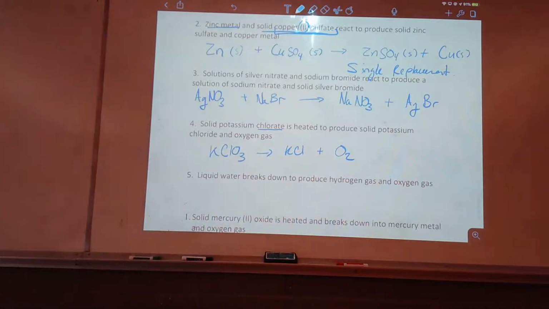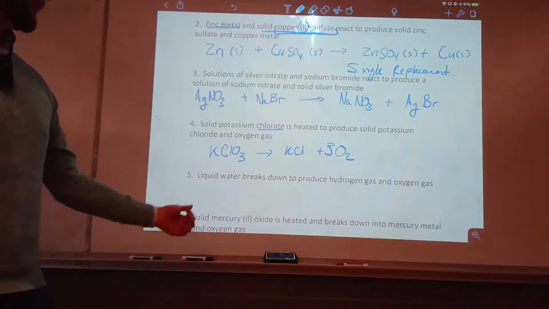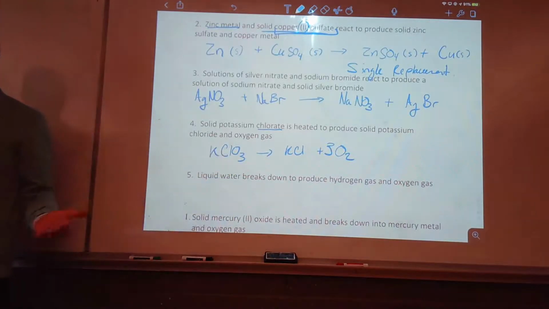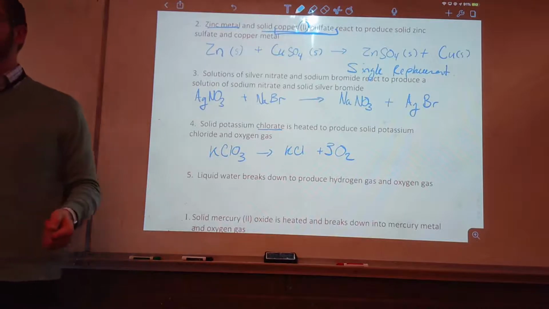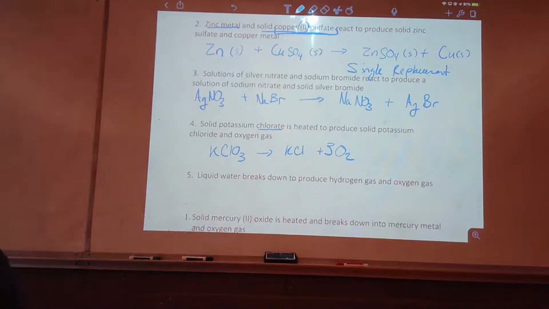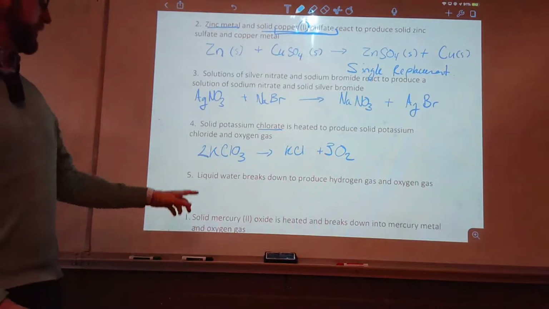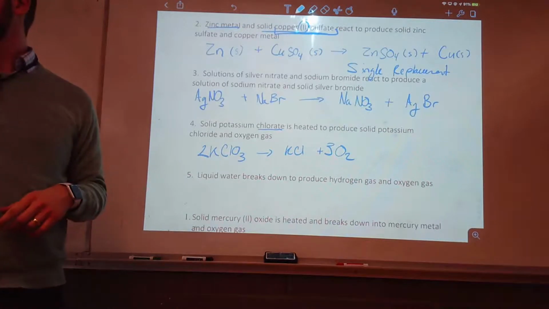Sure. So I now have 6 oxygens. What can I do to match that on this side? Multiplying by 2 gives 6. Put 2 there. We now have 2 potassiums.